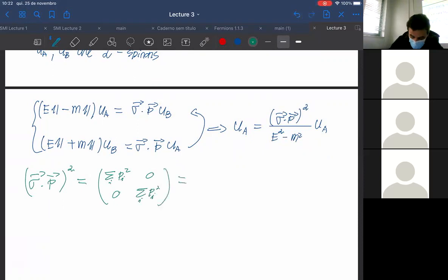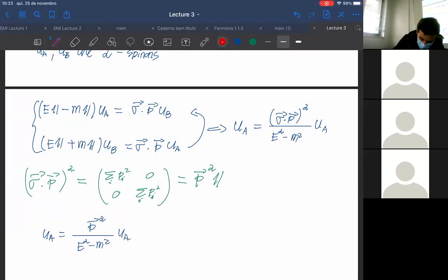So this is simply P squared times identity, which allows one to rewrite again UA to be equal to P squared over E squared minus M squared UA.